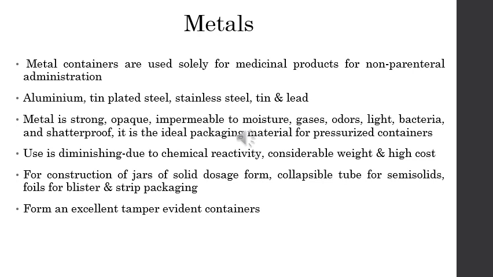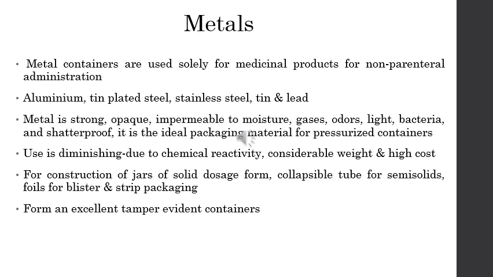It is an ideal packaging material for aerosols, because aerosols are pressurized packages, so they need a strong container which can withstand the pressure because of the gases present inside. So aerosols prefer metal containers.